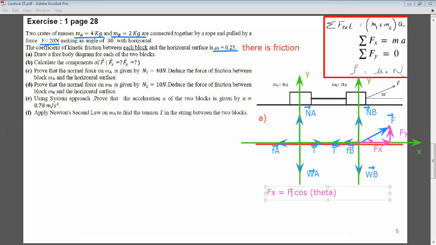F is 20 and theta is 30, so Fx is 17.32 Newton. Fy is similarly sine 30, which equals 10 Newton. This is part B.